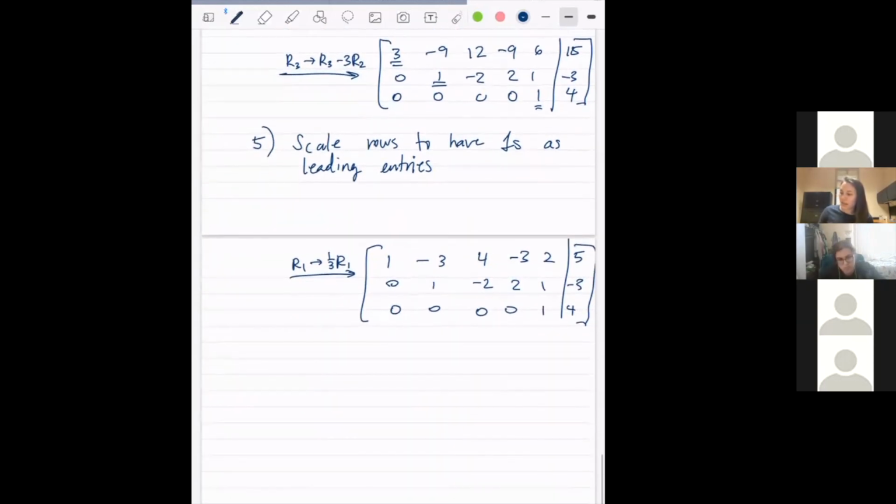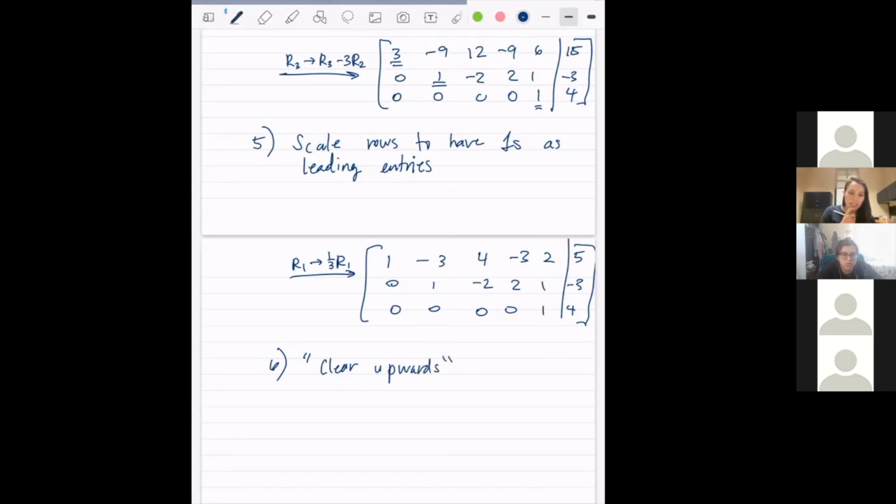Okay. And then the last step is to clear upwards. Before we were talking about clearing down. So you want to clear upwards.